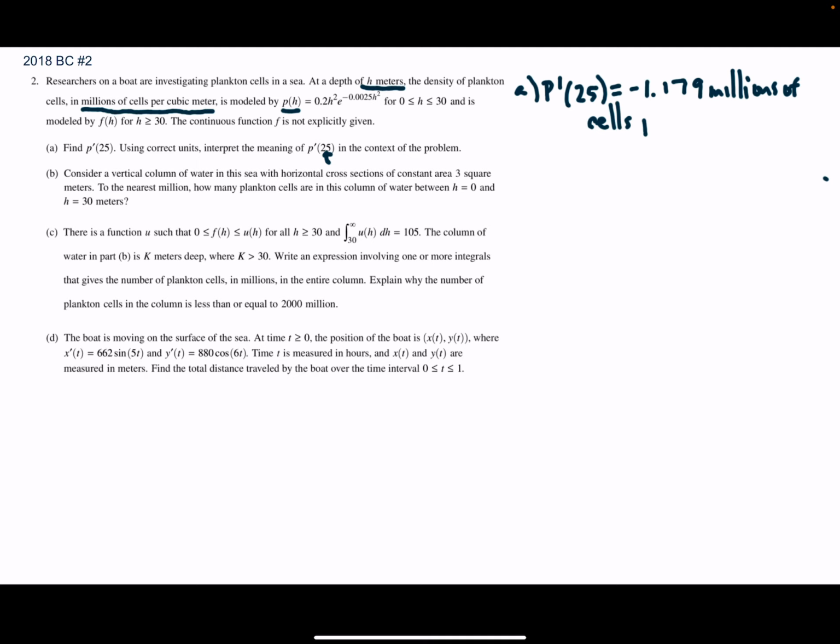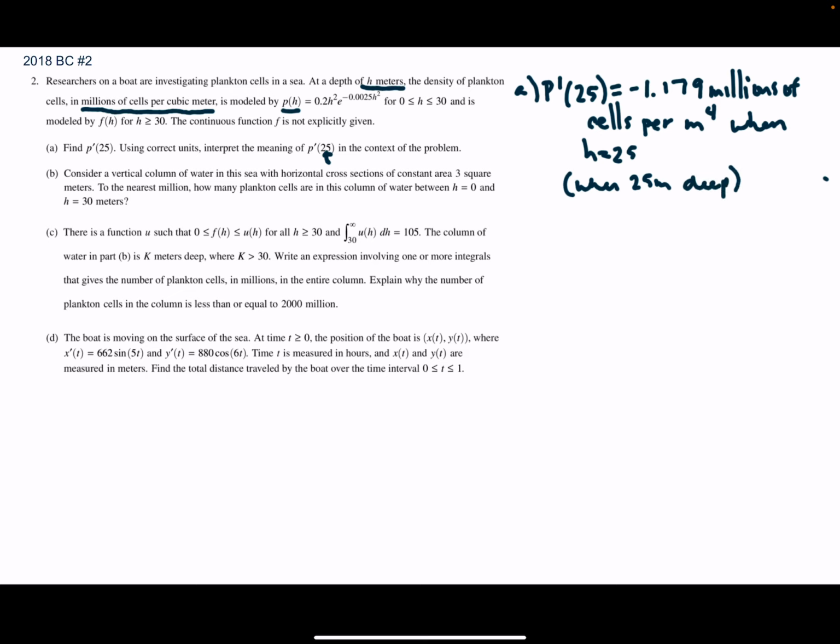So it's going to be per meter to the 4th power now. And it's when H is 25, or I could say when we're 25 meters below sea level, or 25 meters deep.